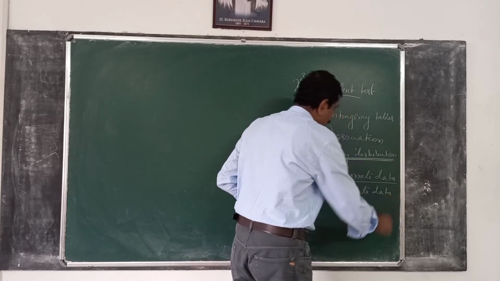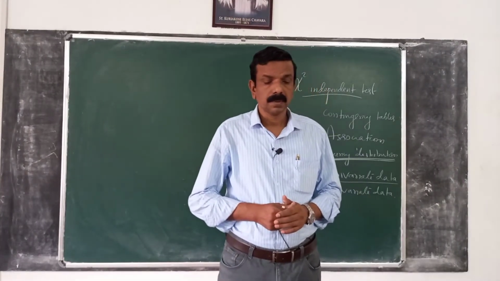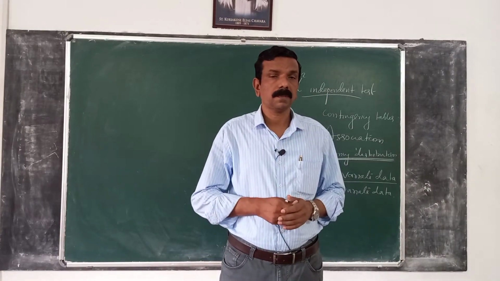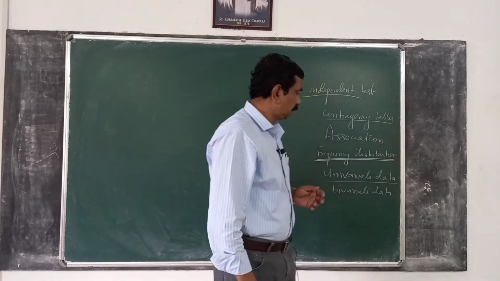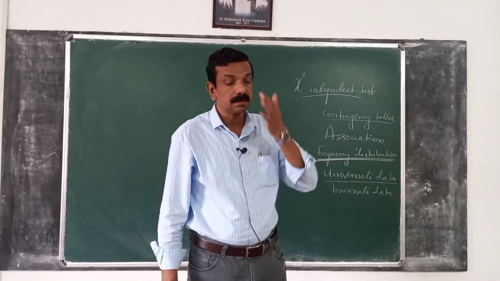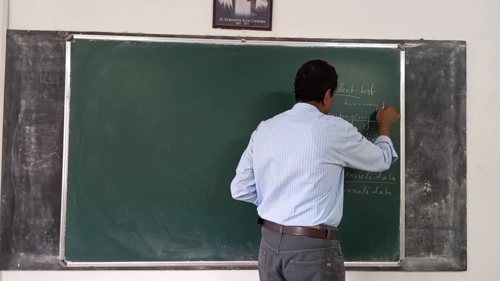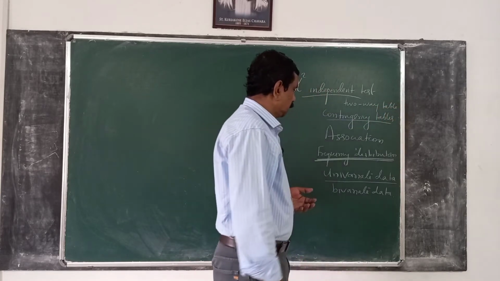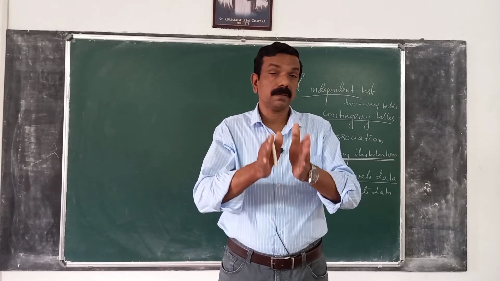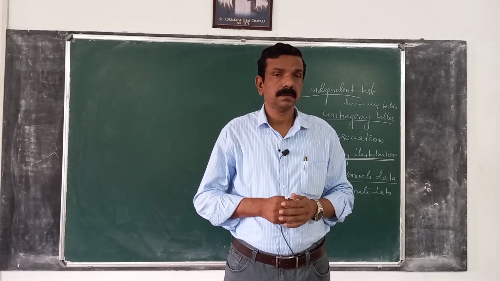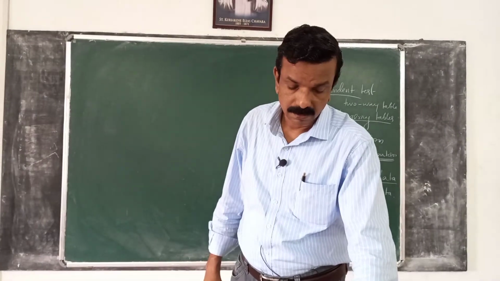The frequency distribution of a bivariate data is known as a contingency table, or also known as a two-way table.